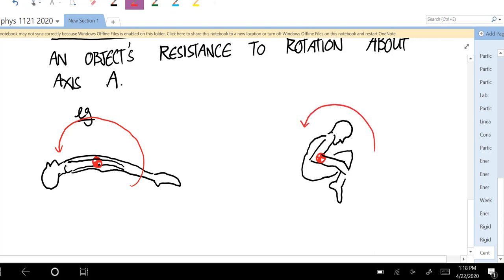Well, they could do a flip this way, the laid out position, and they could do a flip in the tucked position, the other kind. And they get different levels of difficulty for doing these things. The laid out position is harder.